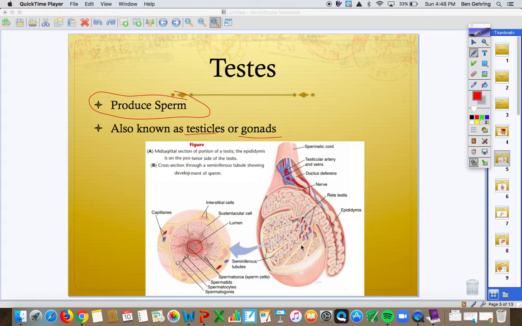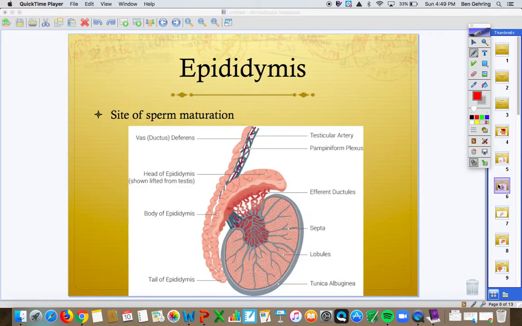All those are here. They're separated by these little dividing lines, which are not a big deal. But they all come out and end up in these structures here. Your sperm are produced in this location, and then they're given a chance to grow and mature when they reach this next segment. But your testes produce sperm, that is their job.